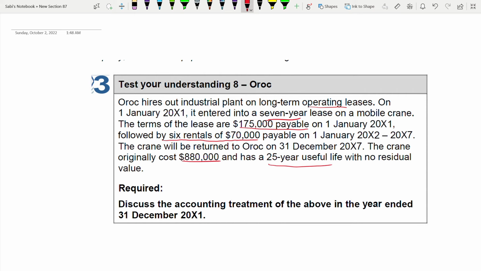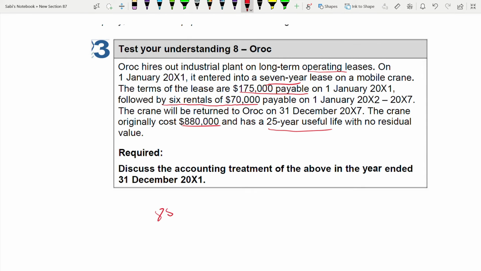So how do you do this? First, find the depreciation. That is 880,000 divided by 25 years, which is 35,200. Without taking the lease into account, this is the depreciation.